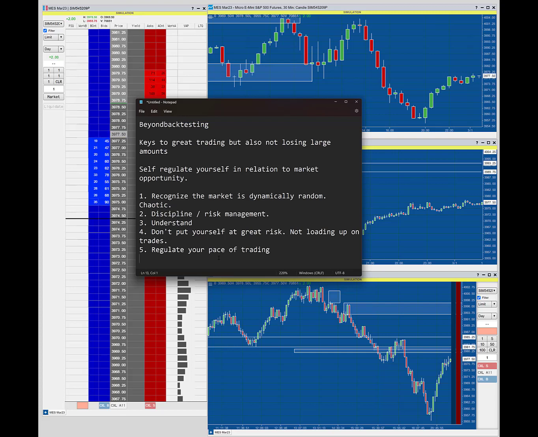When you trade more frequently, it's going to be more difficult to regulate yourself, very likely. Now, there's a concept of the dominant frequency, or frequencies, in the market, and the ability to recognize patterns.